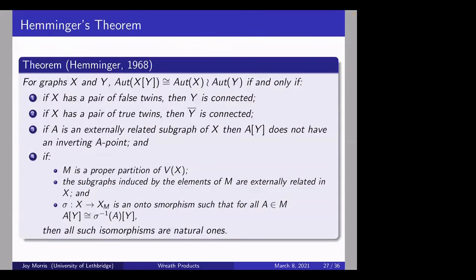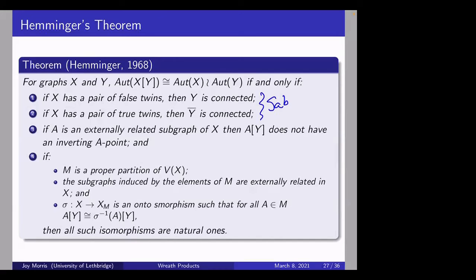So the theorem that he ended up with looks like this. If we have graphs X and Y, then the automorphism group of their lexicographic product is the wreath product of their automorphism groups, if and only if the 2 basic conditions that Sabidussi noticed take place.